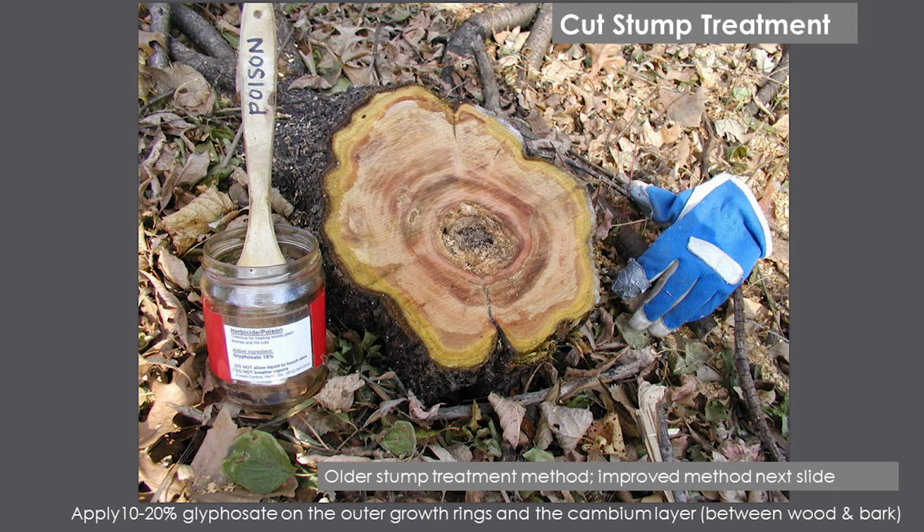When you've got a fresh cut stump, you have to treat it right away, that same day, okay? It has to be a fresh cut, just like a Christmas tree. You apply it on the top surface of the stump, right underneath the bark. This is the cambium layer. The heartwood of a tree is not functioning at all for anything other than structure.